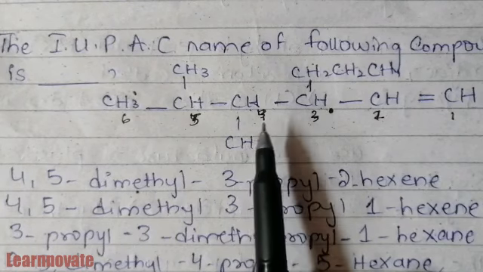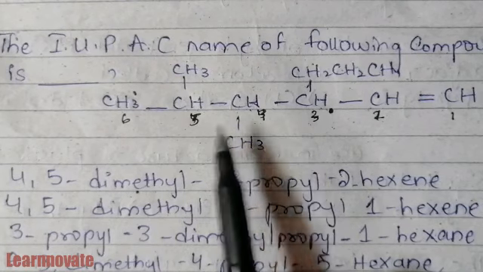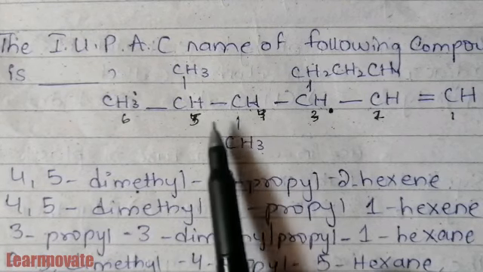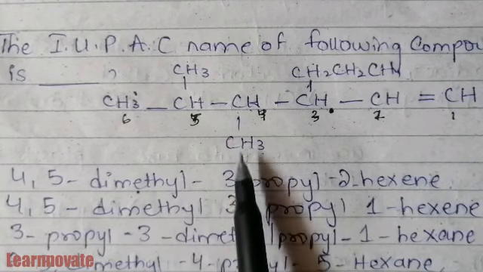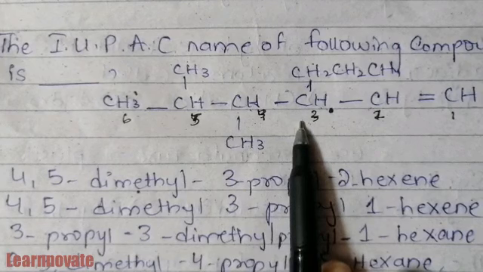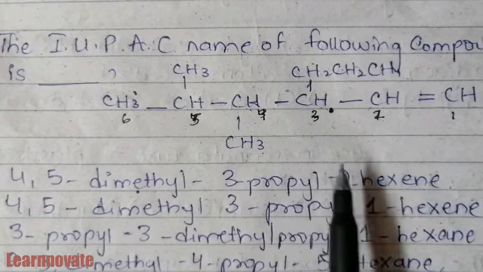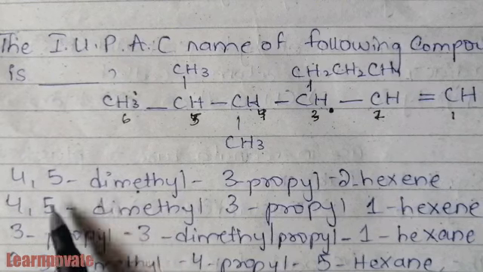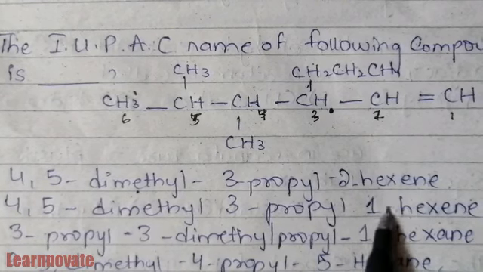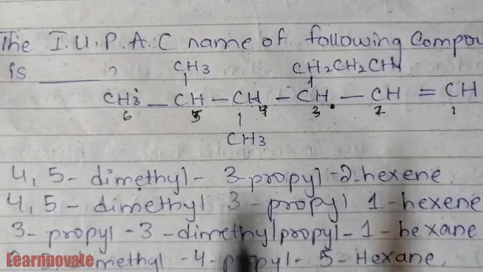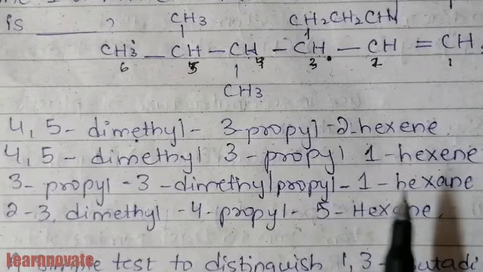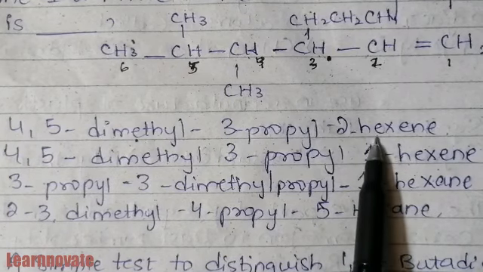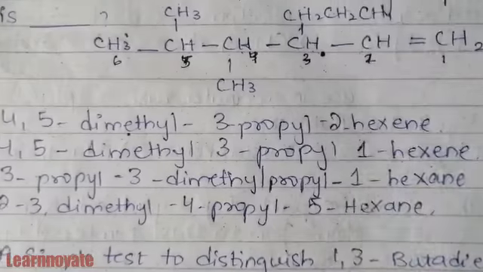According to alphabetical order, you write the methyl branches first, at the 4th and 5th there are dimethyl, D comes before P, and then at the 3 you have the propyl group, and at the 2 you have the double bond. So the name is 4,5-dimethyl-3-propyl-2-hexene. Here you can see ene in the name. Do not confuse with the last two options that have ane. So the answer for this question is option number A.